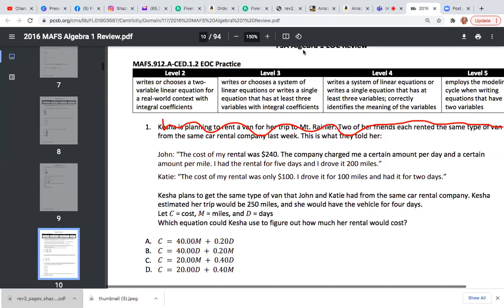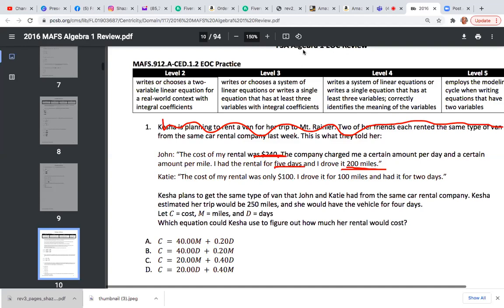John, the cost of my rental was $240. The company charged me a certain amount per day and a certain amount per mile. I had the rental car for 5 days. Okay, so what's critical? It was $240 he paid for 5 days, and he drove it for 200 miles, okay?